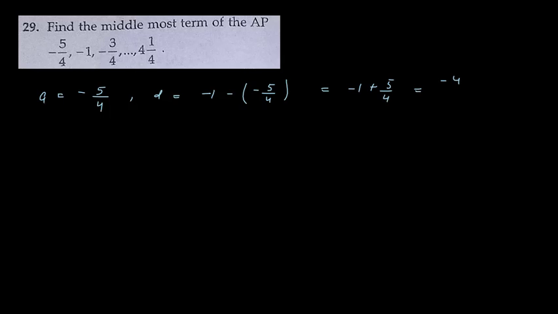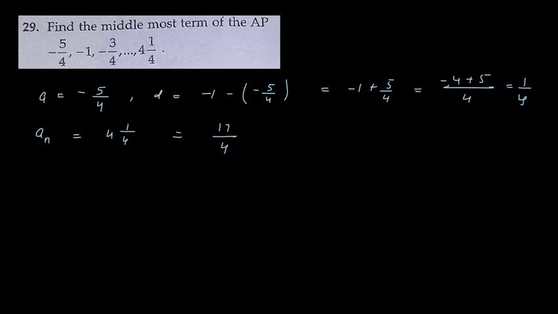So this is minus 4 plus 5 divided by 4. So this is 1 divided by 4. And the last term we have is an. An is 4 1 divided by 4. It is equal to 4 into 4 is 16 plus 1, 17. It is 17 divided by 4.